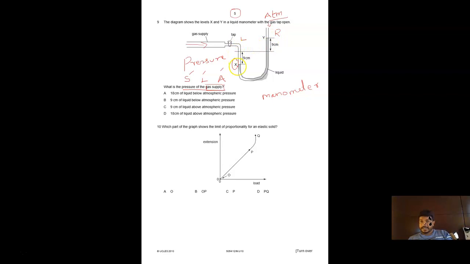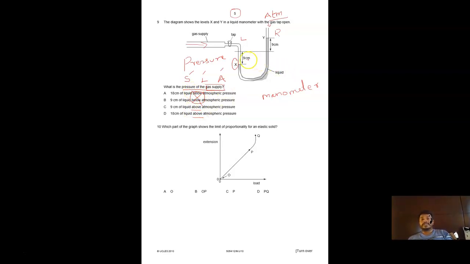By observing the diagram, you can easily decide the gas has more pressure than the atmospheric pressure. So from the beginning, you can cancel these two options. The gas pressure is not below the atmospheric pressure, it is above the atmospheric pressure.